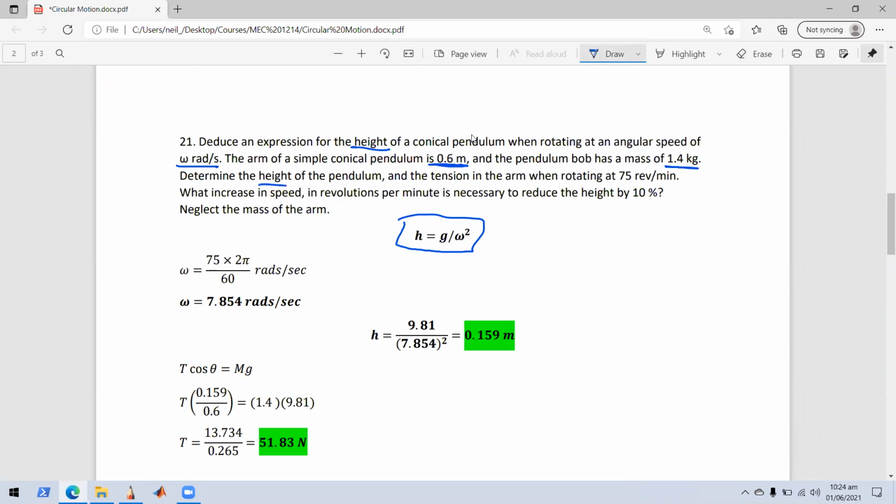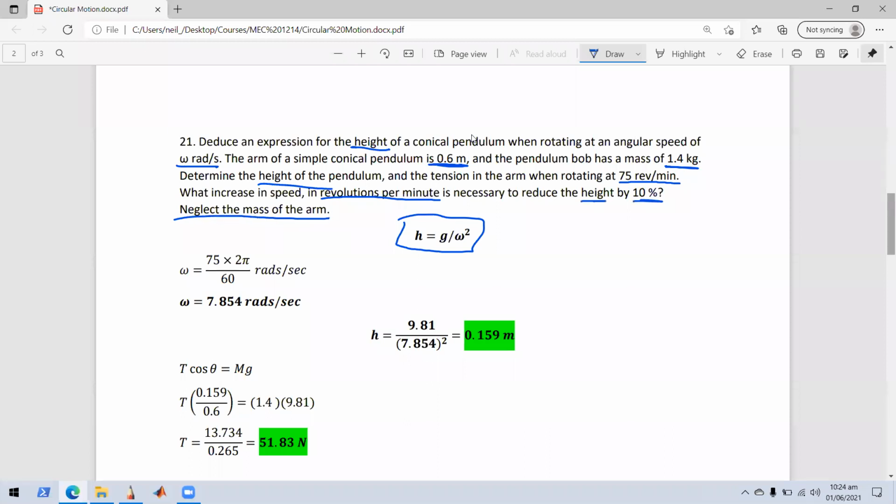Determine the height of the pendulum and the tension in the arm when rotating at 75 revs per minute. What increase in speed in revolutions per minute is necessary to reduce the height by 10%? Neglect the mass of the arm.